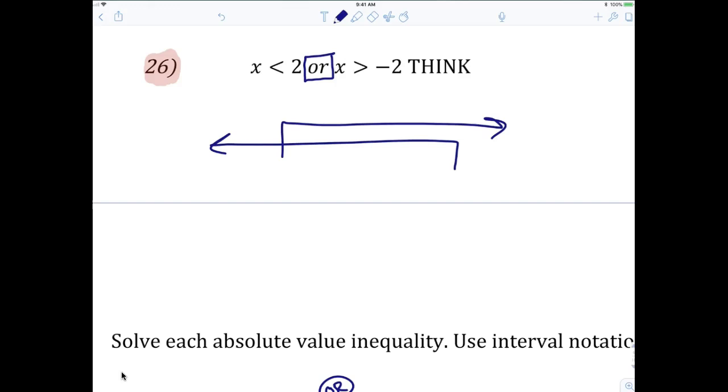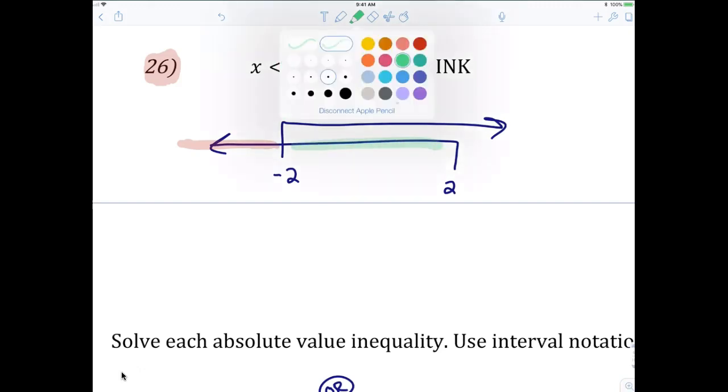He said it perfectly. You fit in one of those categories. You're either what? Greater than -2, or you're what? Less than 2. Everybody with me on that? So, and again, let me put this up just to make sure you understand what I'm saying. Here are my possibilities, right? Please listen to me, I can either be over here, I can either be in here, or I would be what?